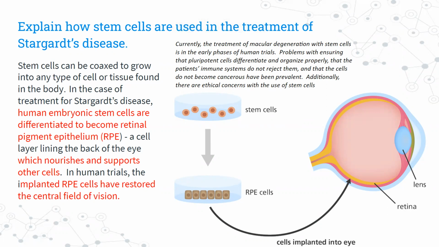Currently, the treatment of macular degeneration with stem cells is in the early phases of human trials. This would be another thing to look in on. I came across this information 3 years ago and I haven't checked up on it yet. That could be maybe another piece of extra credit. If somebody wants to bring me a current piece of news on treatment of Stargardt's, that would be awesome for you to share with us.